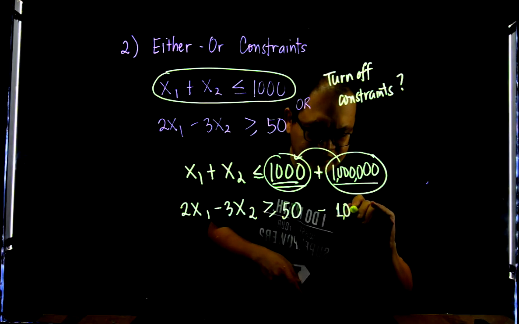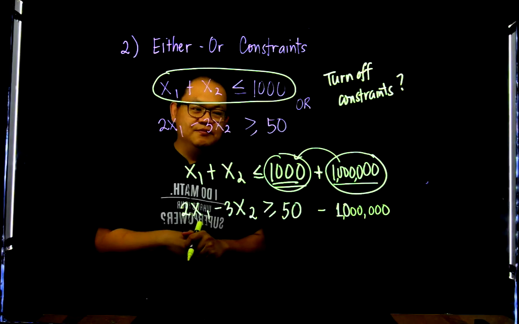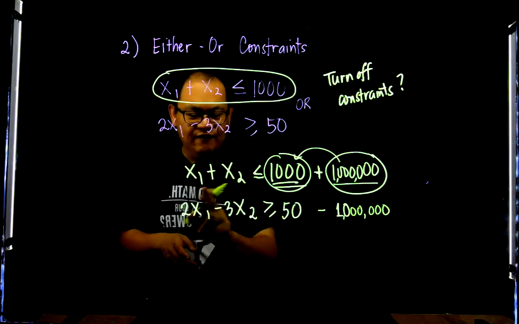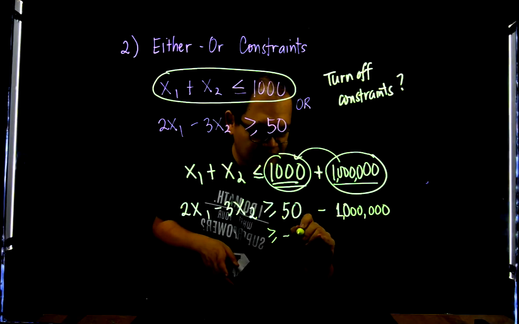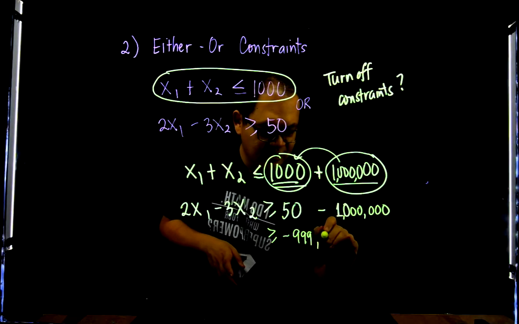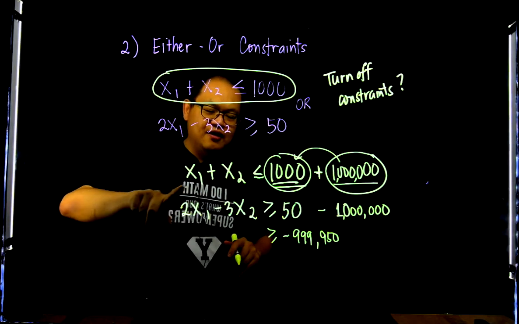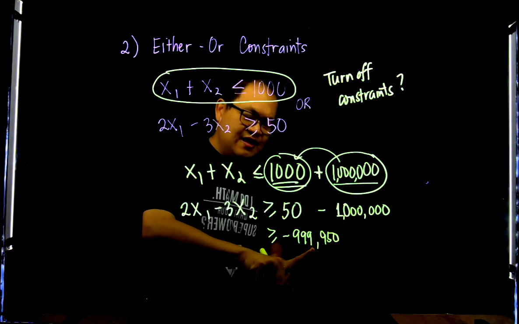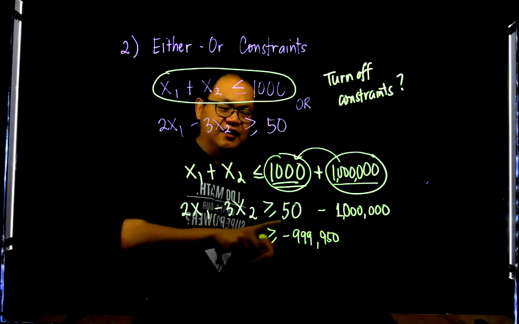Let me exaggerate. What if I remove 1 million? In this case, if your left-hand side is your grade and the right-hand side becomes negative 999,950, I doubt you can do anything here that will still make your left-hand side be less than negative 999,950.